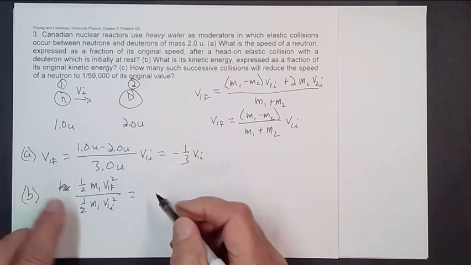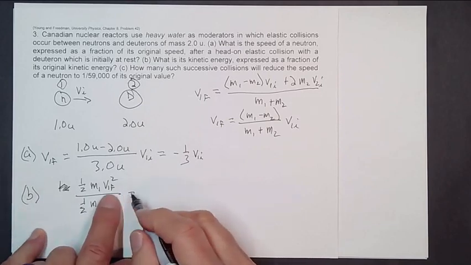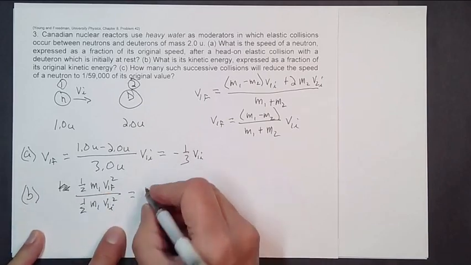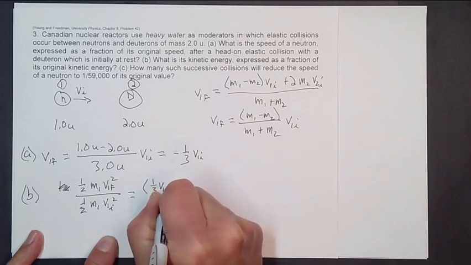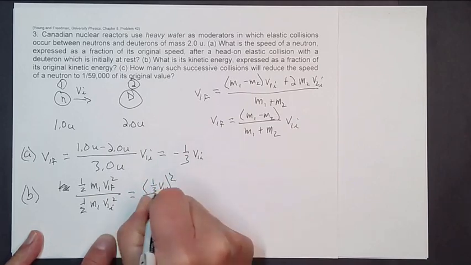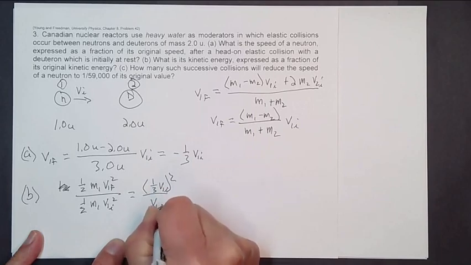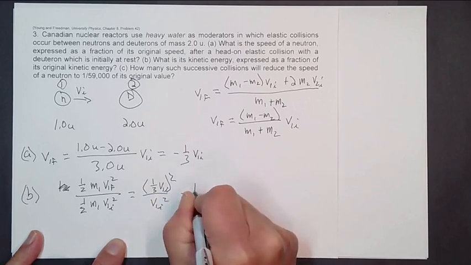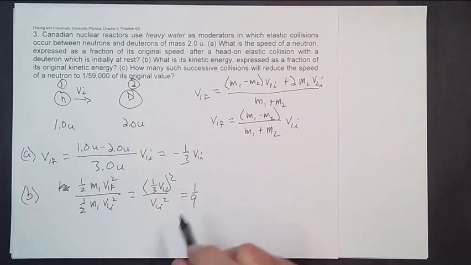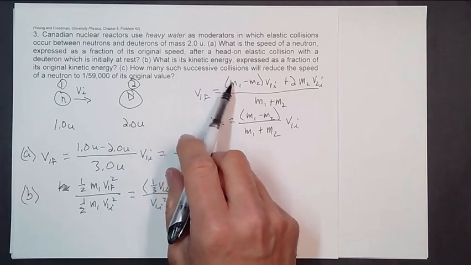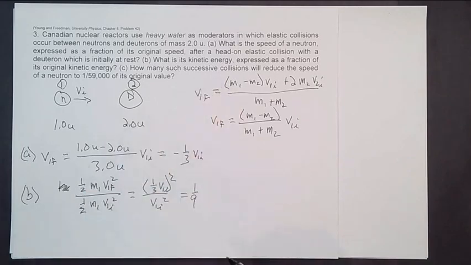But everything divides out. V1 final is 1/3 V1 initial, and that gets squared, and what we end up with is its kinetic energy has dropped to 1/9 of its initial value.